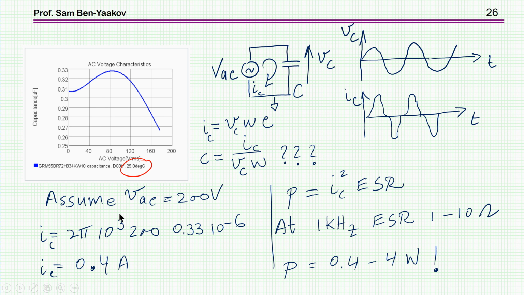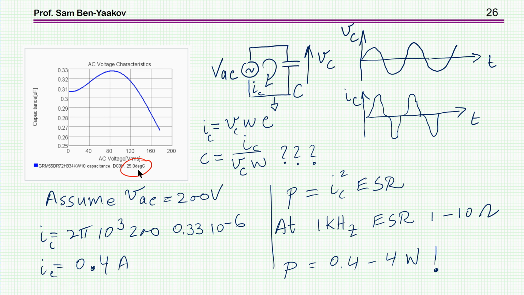And at 1 kilohertz, the ESR is very high. It could be in the range of 1 to 2 ohms. So the power dissipation of this element while being tested is 0.4 to, say, 4 watts, somewhere in between. So it's going to heat up. So this 25 degrees doesn't say much.